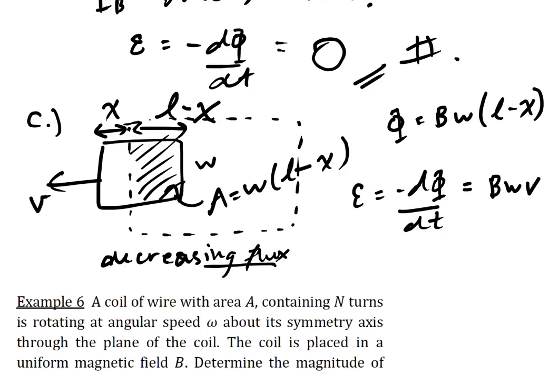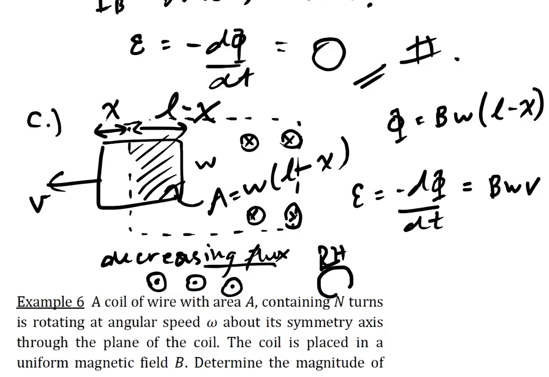Then when you consider the decreasing flux, your magnetic field is going into the paper. So decreasing flux will cause a change that is coming outside. When you cause the change that is coming outside, use the right hand rule.